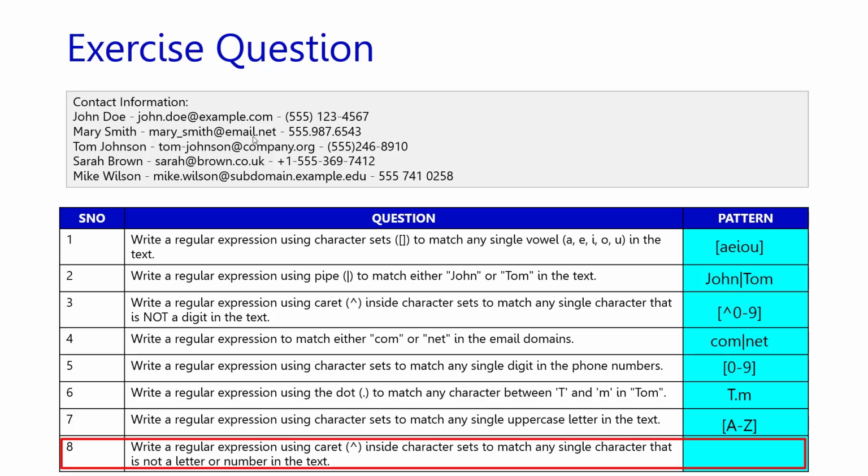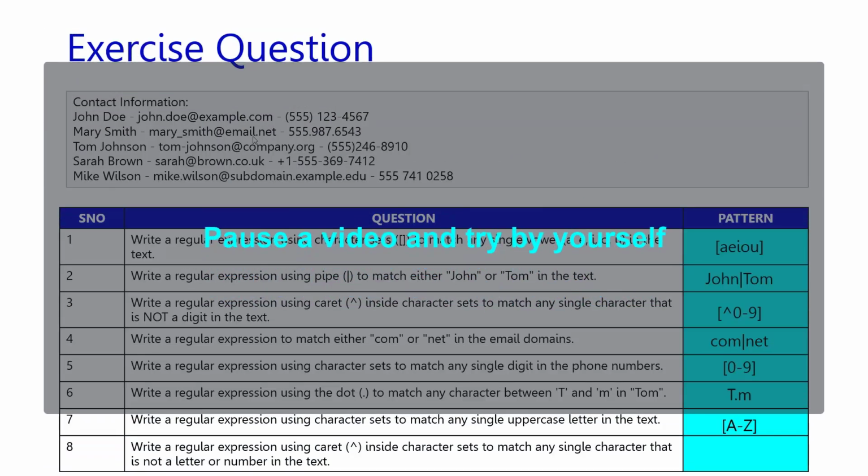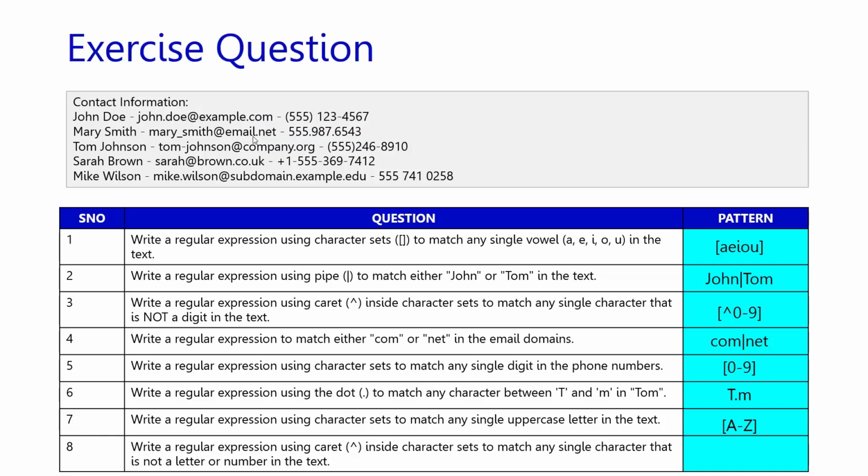And finally, write a regular expression using a caret inside the character set to match any single character that is not a letter, not a number in the text. Pause the video and try by yourself. Okay, so this is a tricky question. I'm asking for not a letter and not a number. Not a letter means it could be any lowercase or uppercase, and not a number means it's not a digit.